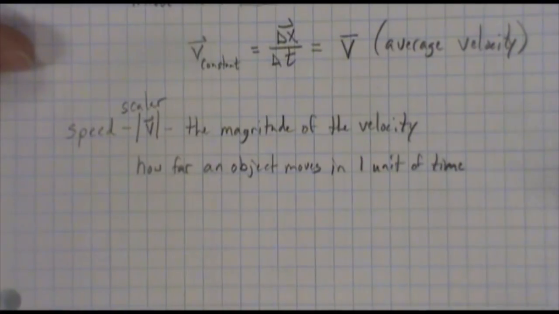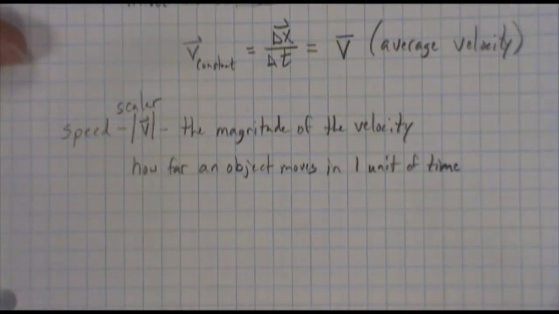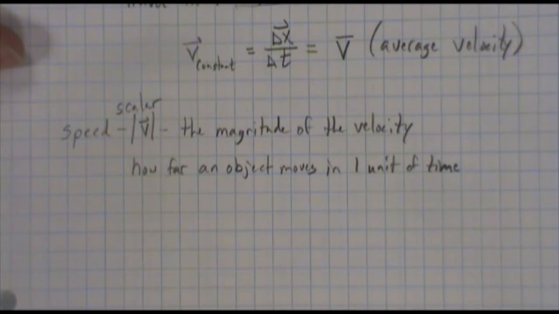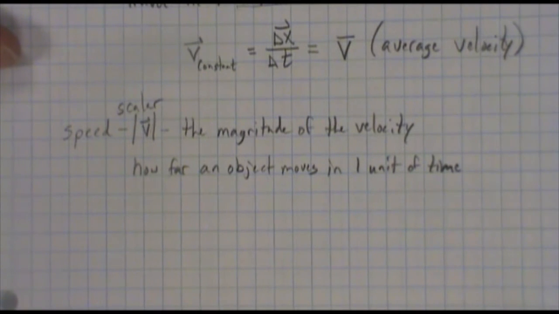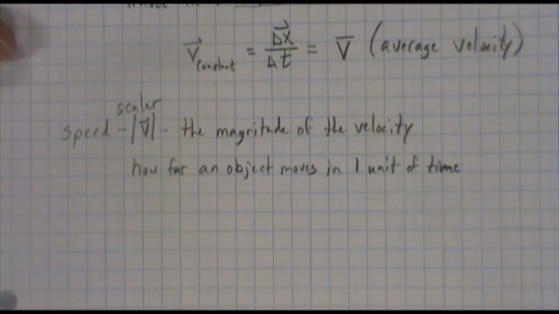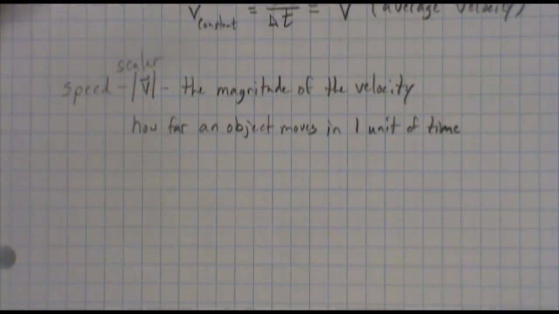There is no direction. When you take the magnitude of a vector, you lose the direction information. All you know is how big it is. So all we know now is how far it goes in every 1 unit of time. When you're moving in a straight line at constant velocity, these two ideas are completely indistinguishable. They're equivalent to one another. But as soon as you turn, speed up or slow down, the ideas become distinct once again.